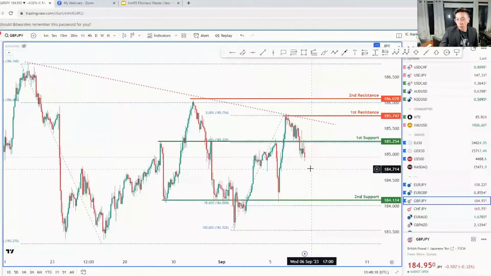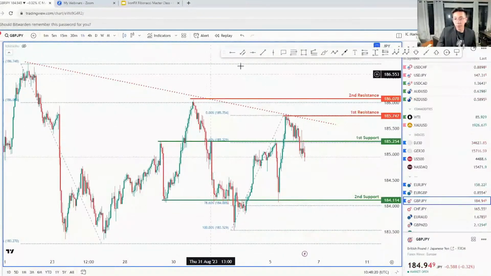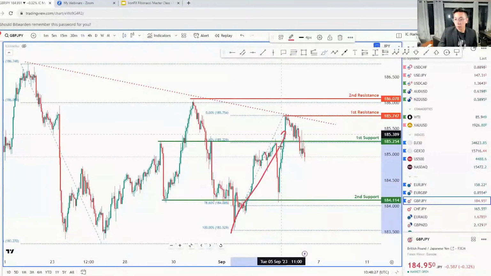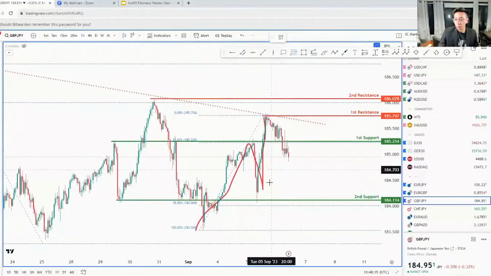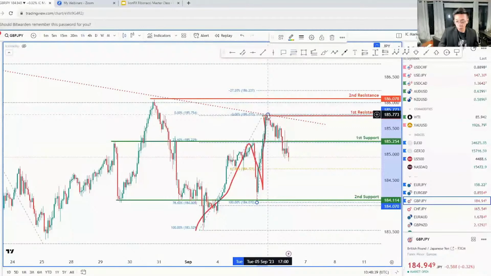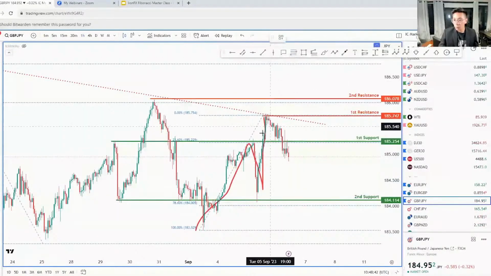Okay, so from here, same thing. Let's see, zigzag. Zigzag, right? Okay, so we will draw from this low.